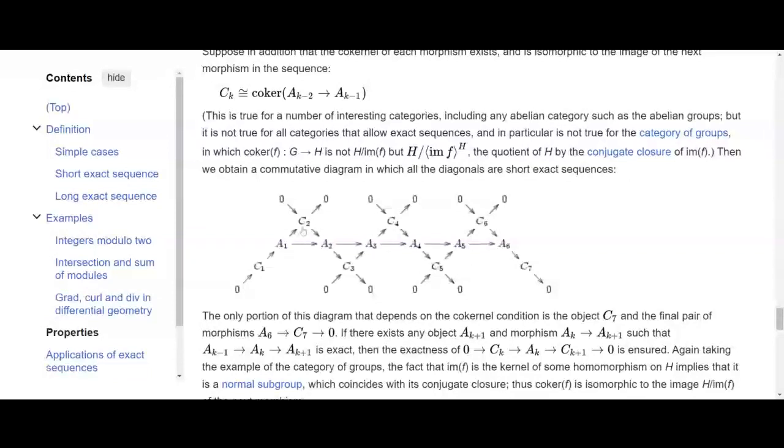And then by putting the kernel and the co-kernel together, you end up getting a short exact sequence going like this. Then you use the original sequence to create these diagonals with short exact sequences. If you know that the functor preserves short exact sequences, when you hit this diagram with the functor, you know all of these diagonals are exact. And you can use that information by chasing the diagram to show that this horizontal one remains exact.